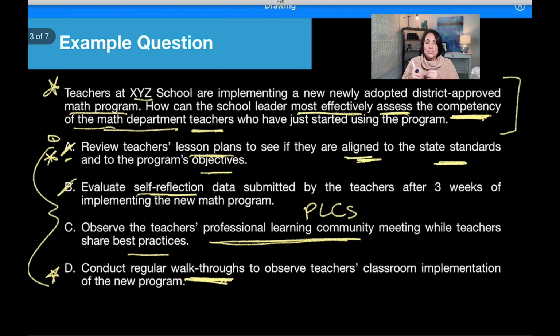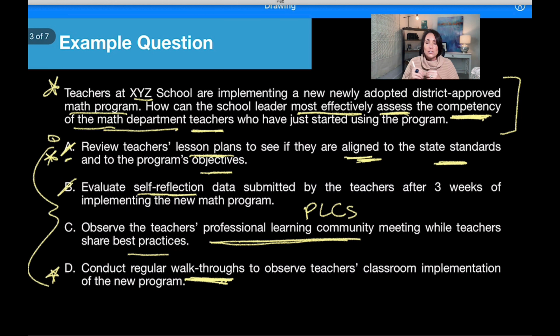And I would probably put it under number 2 of that main section. And in number 2, it says, understands how to use data to provide ongoing feedback that improves the practice. So again, you're looking at the practice of teaching when you conduct those walkthroughs, and then you're going to use that data that you collect to go over it with the teacher and come up with some even better ways that the teacher could implement that practice.